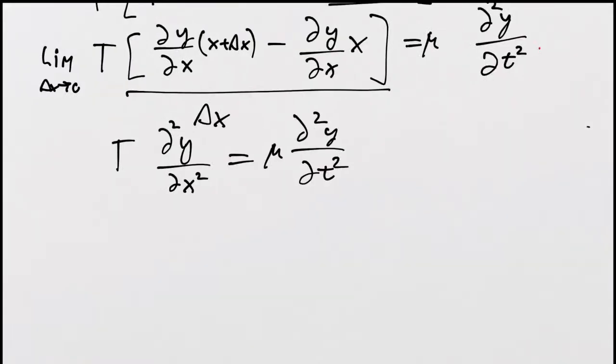We'll put this in the form that we like. Usually time is on the left. This is the form I like: d²y/dt² equals T over mu times the second partial derivative of y with respect to x.